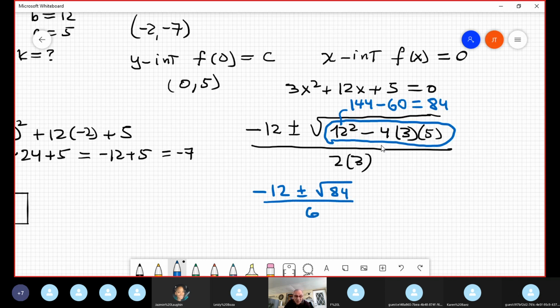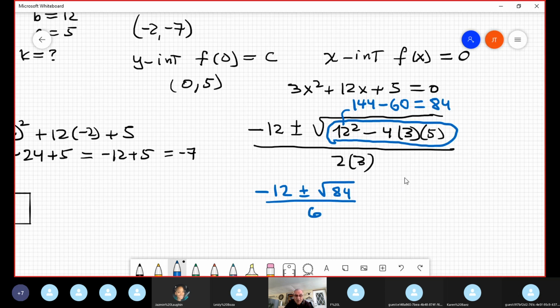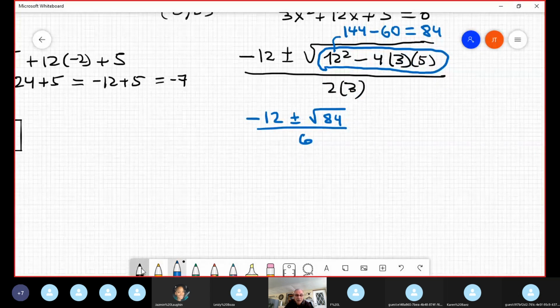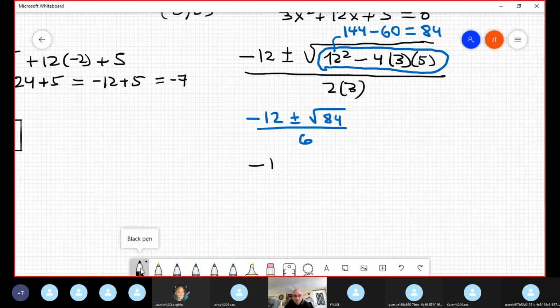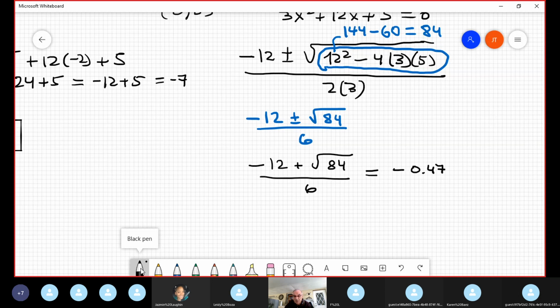We can simplification a little bit, but no, I want to skip that part. So I suppose I put it directly in my calculator. Okay, so you put, for example, in my calculator, I put -12 plus square root 84, divided by 6. And the answer of this is negative 0.47 in decimal approximation.